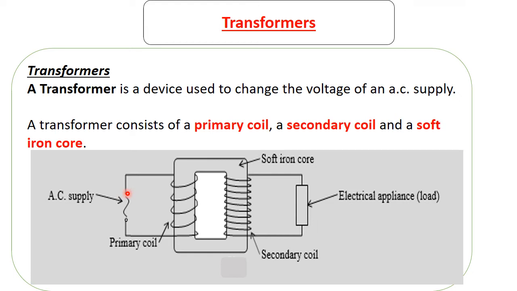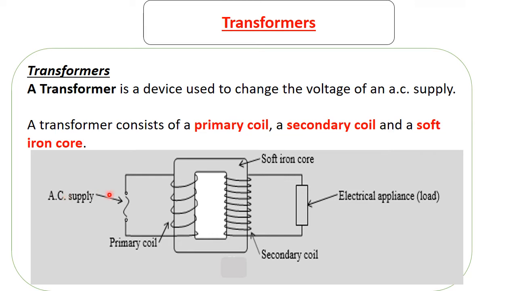When we were talking about the solenoid, about how electromagnets are made by winding a wire around a soft iron core and then connecting that wire to a DC supply, we could use Fleming's right hand rule to tell where the North Pole is and where the South Pole is. That concept is the same here, but here we don't use DC, we use AC.